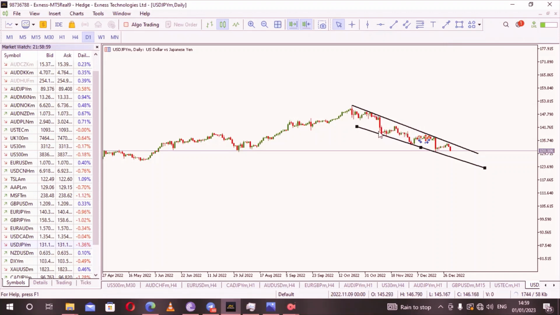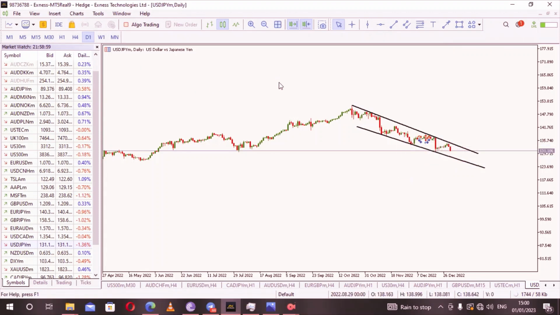I drew this whole channel looking at how many touches we have. We haven't yet broken above or below this trend line, so we're going to zoom into H4 now that we have our persistent trend here, which is a downtrend now.